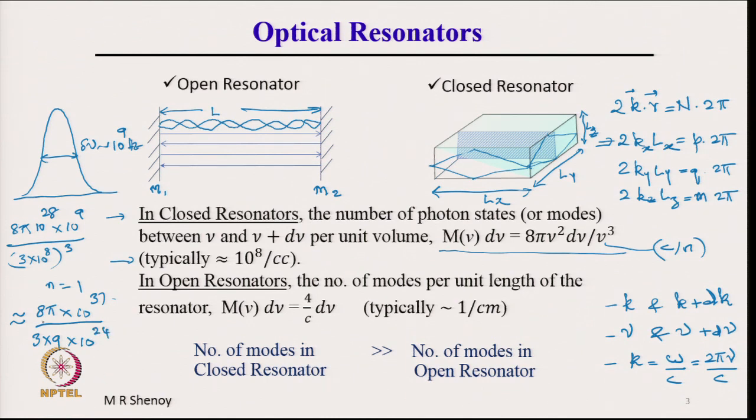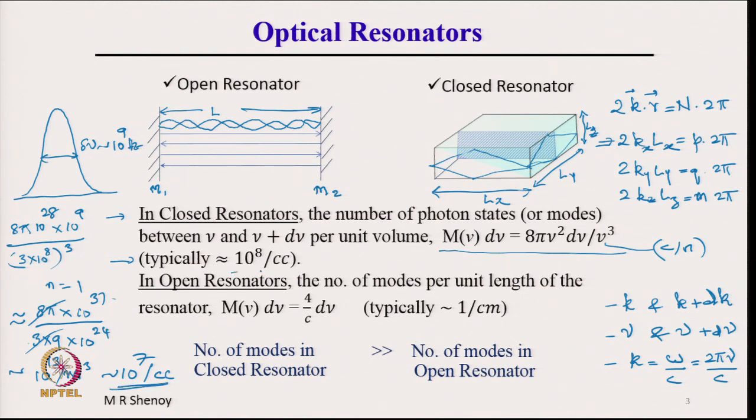This will approximately cancel, because 3 is very close to pi and 9. So, this is of the order of 10 to the power of 13, 37 minus 24, per meter cube. If you convert this into cc, it will come out to be approximately 10 to the power of 7 per cc.